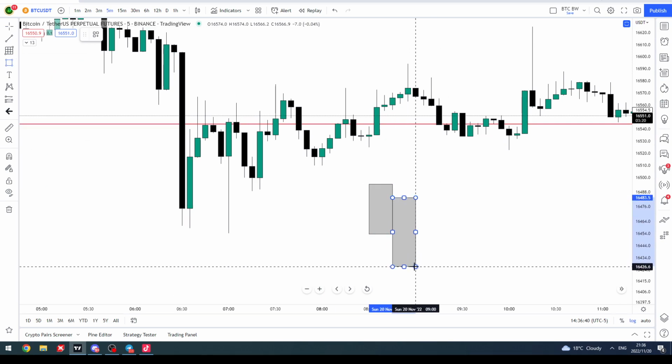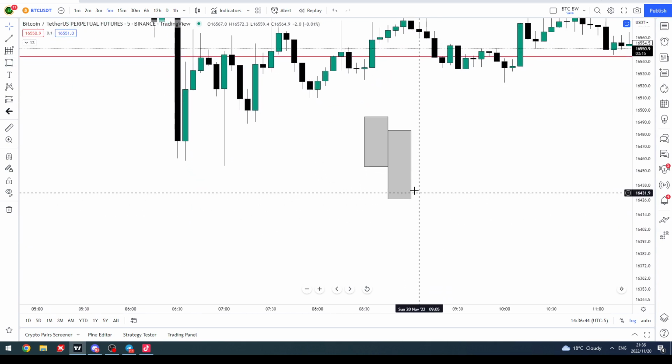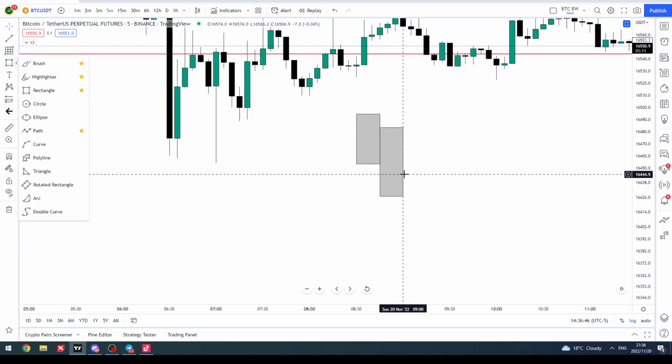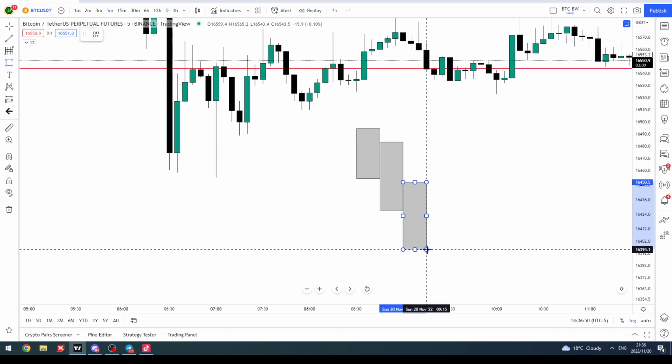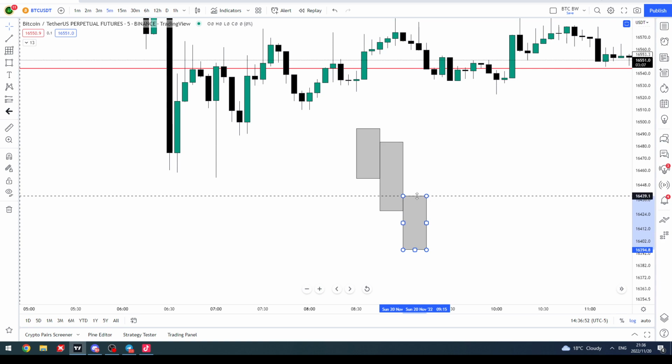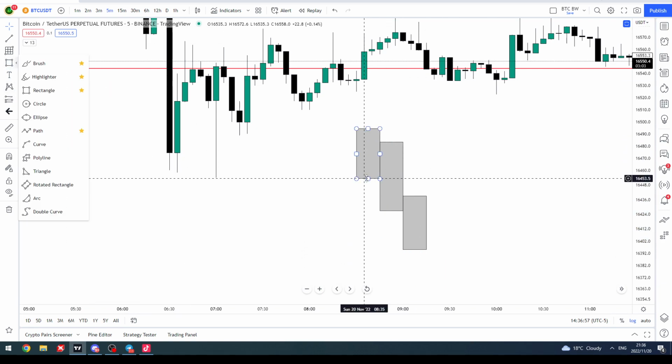In this case we had a move here and we had a move here like this, right? These are the down candles coming into or off a low, and in here we had a fair value gap.